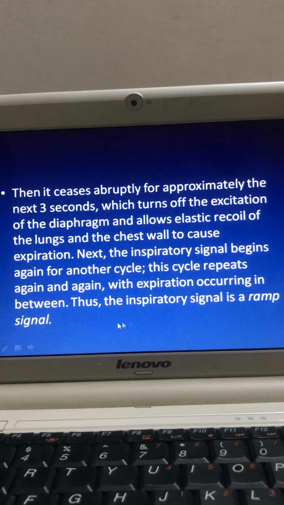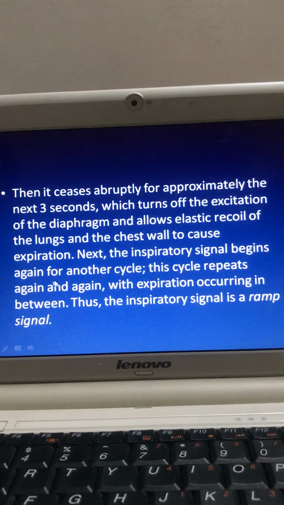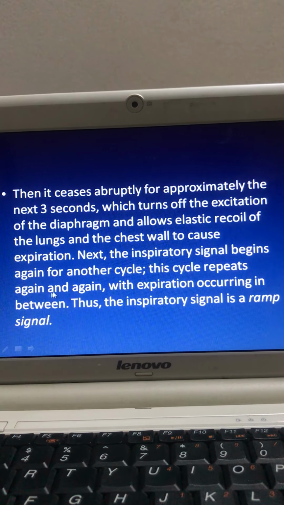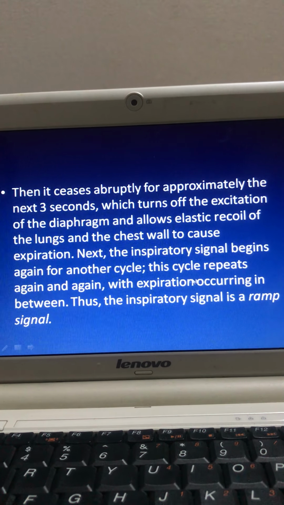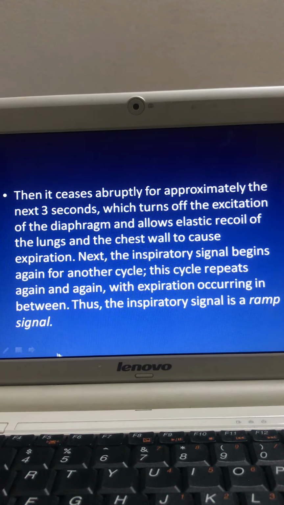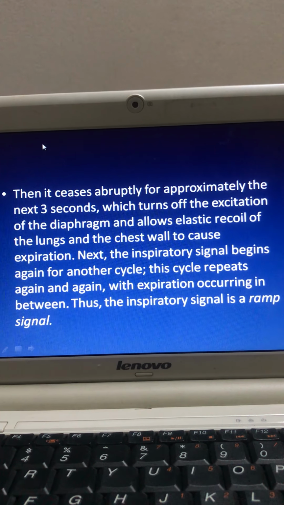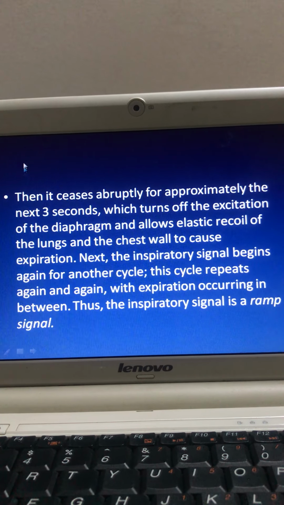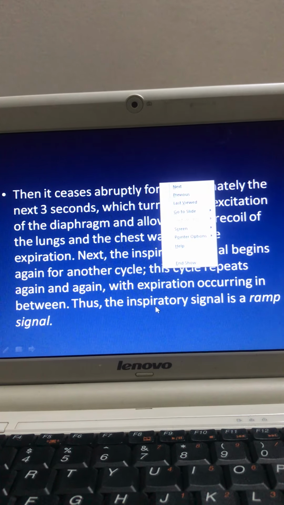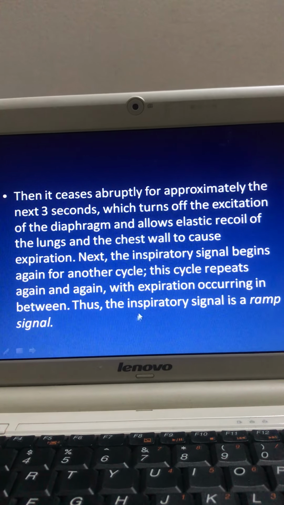Next, the inspiratory signal begins again for another cycle. These cycles repeat again and again with expiration occurring in between. Thus, the inspiratory signal is a ramp signal. What is a ramp signal?